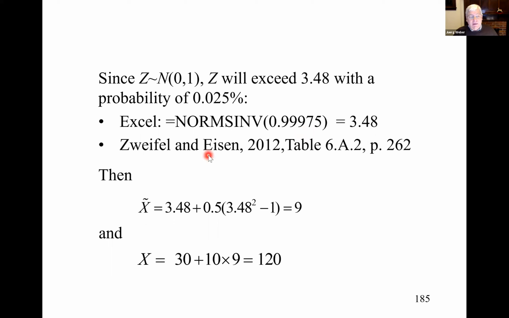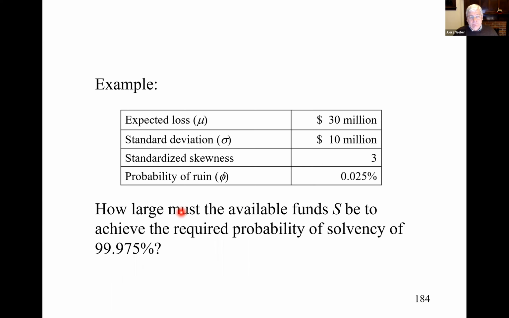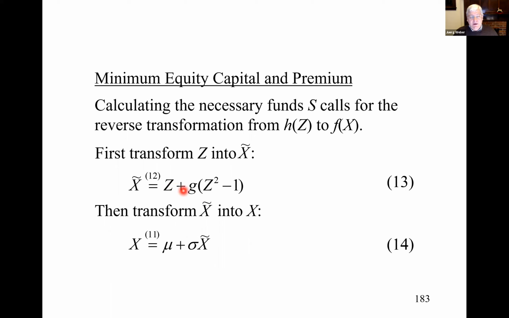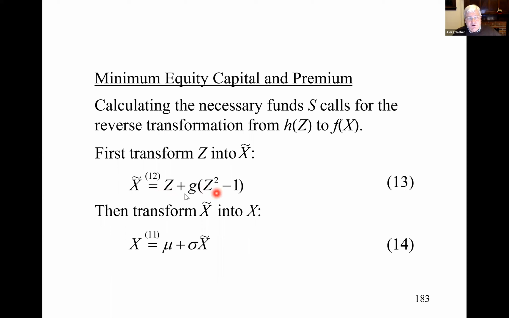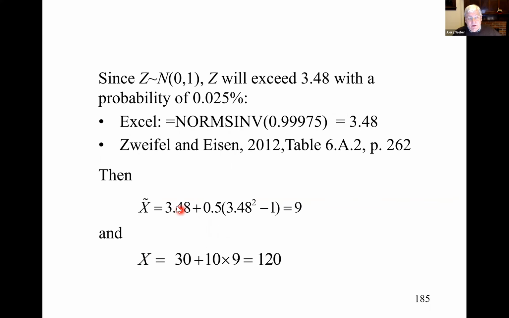Again, you could use the table. So you take this 3.48, you plug it in. Take the 3.48 here for the Z. That's its critical value for this random variable. And the tail will be then less or equal to this value here. If you have this critical value of Z, 3.48, this gives you the X tilde, and then you have the X tilde and solve it for X. So you plug it in here, and you get the X. So you need 120 million of capital.